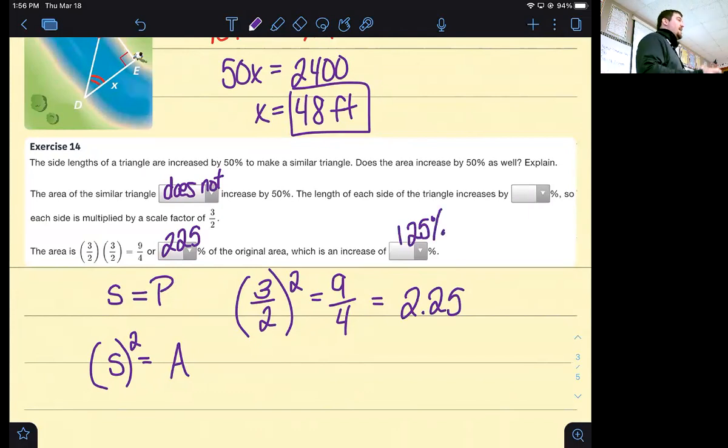Because if I said, hey, my triangle's 100% the size, well, it didn't change then. Okay. Because what's 100% as a decimal? One. What happens when you multiply by one? Nothing happens. It stays the same.